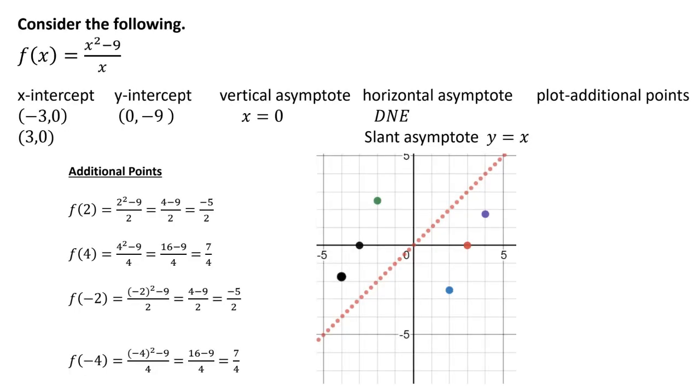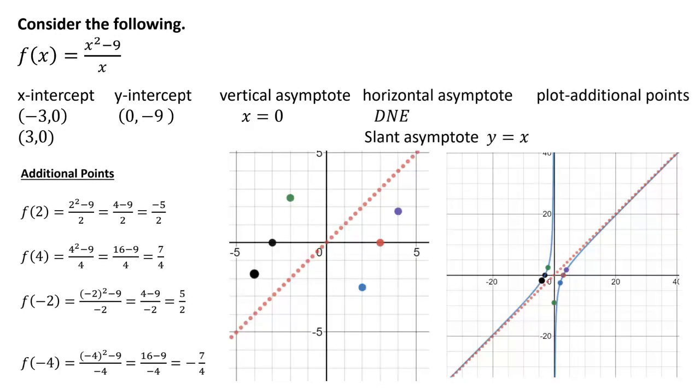Again, these are my points. I would try to connect these with a smooth curve, but if I use the computer to really graph these points, they give me these points, and this is my slant asymptote.